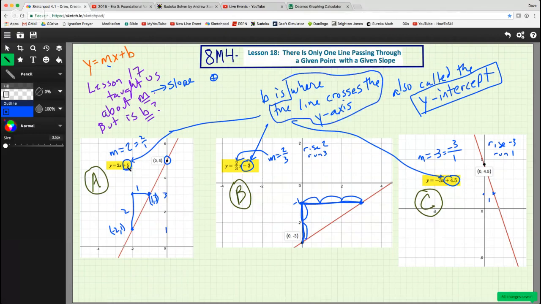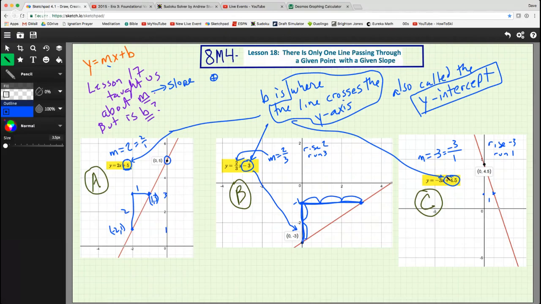So here, positive plus 5, this line that's graphed will cross the y-axis at 0, 5. Similarly, on this line, where our b is negative 3, we cross the y-axis at 0, negative 3.